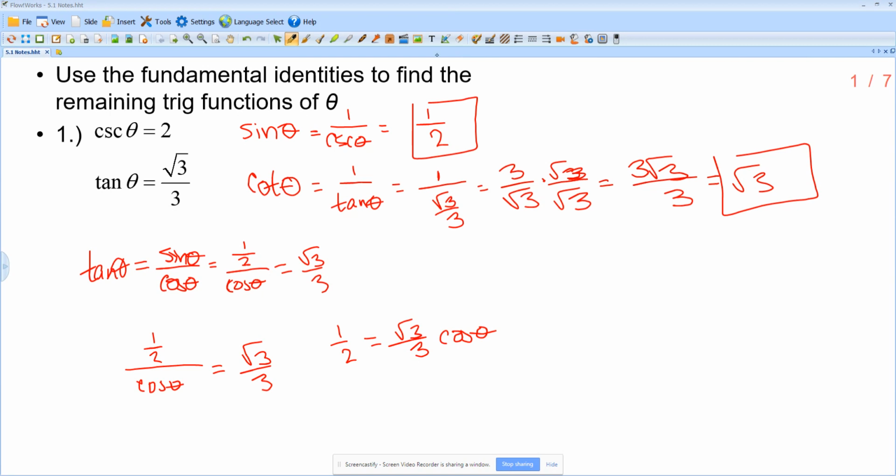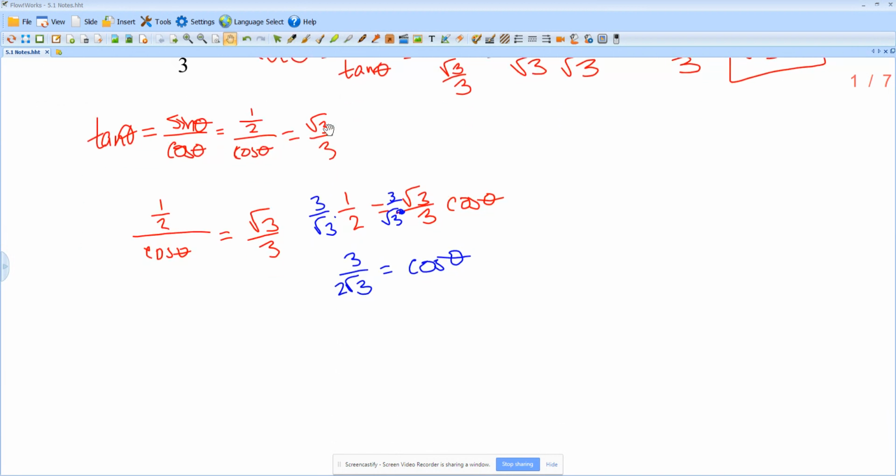I'm going to multiply here by the reciprocal. So I'm going to multiply by 3 over root 3 and that gives me 3 over 2 root 3 equals cosine theta. And if I rationalize that, I get 3 root 3 over 6, which is root 3 over 2 equals cosine theta.